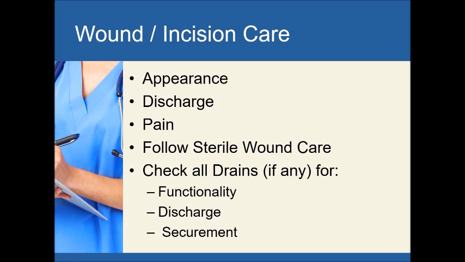Now, for wound care and incision care, we are going to look at the appearance. We look for the approximation of the sutures or staples. We look at the surgical incision, how it looks, if it's clean, if there's any exudate. We obtain a baseline to compare against as we progress with our assessment throughout the day, to see if there are any changes for the better or for worse.